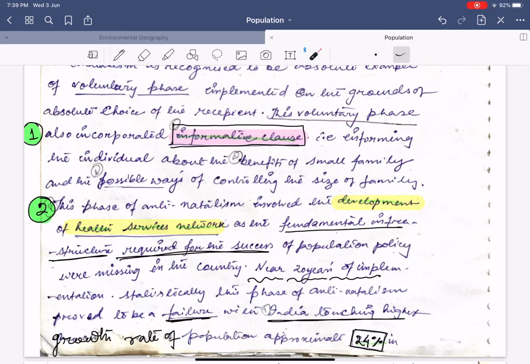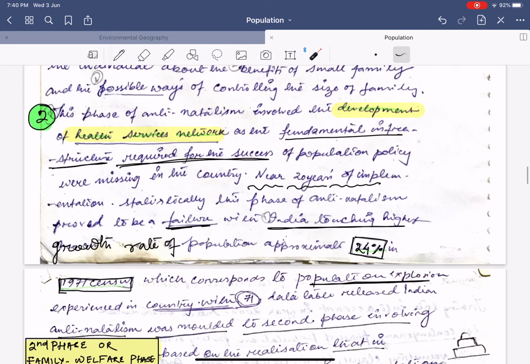Now, what was the outcome of this phase? After nearly 20 years of implementation, statistically, this phase of antinatalism proved to be a failure. That is, it failed, with India touching its highest growth rate of population, approximately 20%.